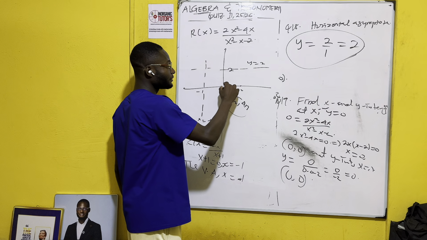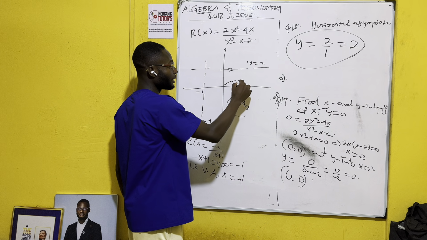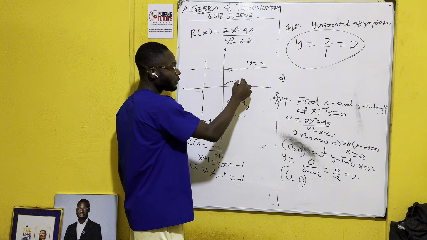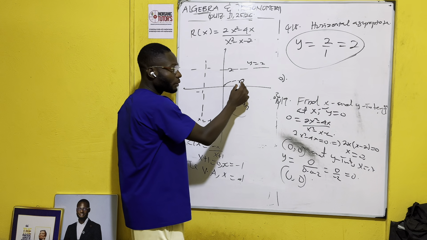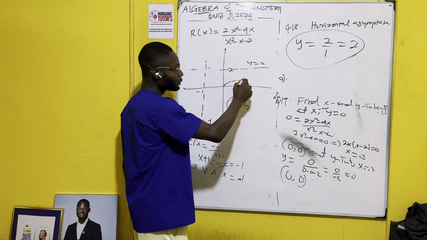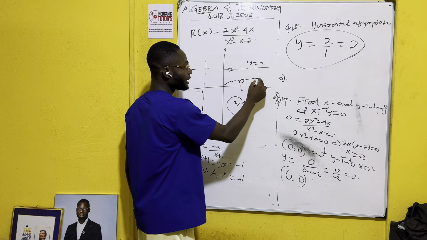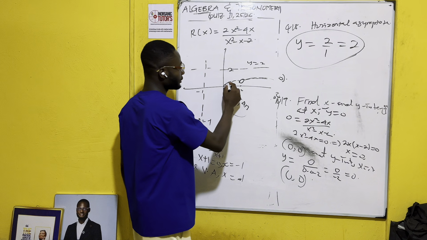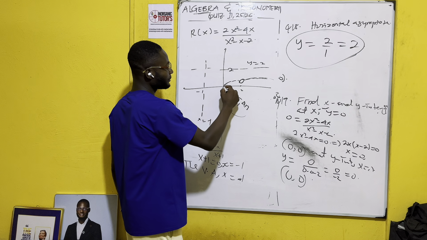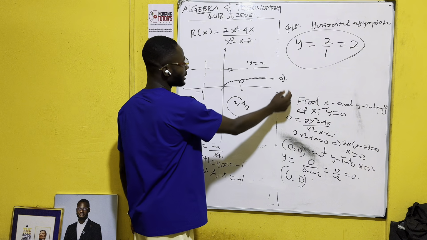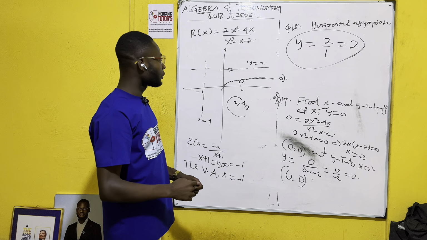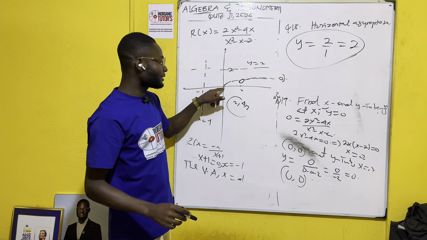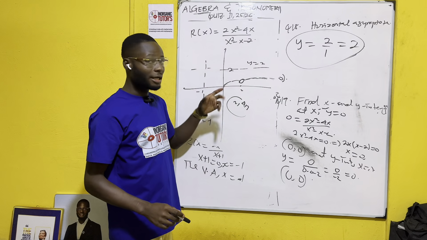So let's say the graph is moving somewhere this way, but there is a hole here. The line is not going to pass through the hole, it's going to jump over it. So the line moves in that direction from the intercept, right? That is it, because the x and y-intercepts were both at the origin.